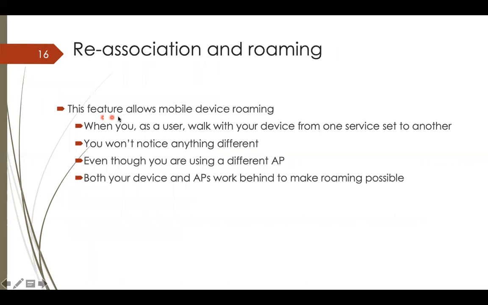Reassociation is the feature that allows mobile device roaming. When you as a user walk with your device from one service set to another, you wouldn't notice any difference, even though you are using different APs. Both your device and the AP work behind the scenes to make roaming possible.